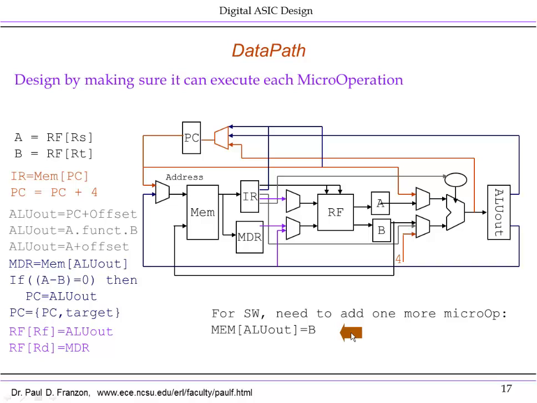So we need this additional micro operation to perform ALU out. Now what we've done is fully structured the data path to support the required micro operations. We've actually completed the more creative aspects of doing the design and can move on to the controller, which is what we'll do in the next submodule.